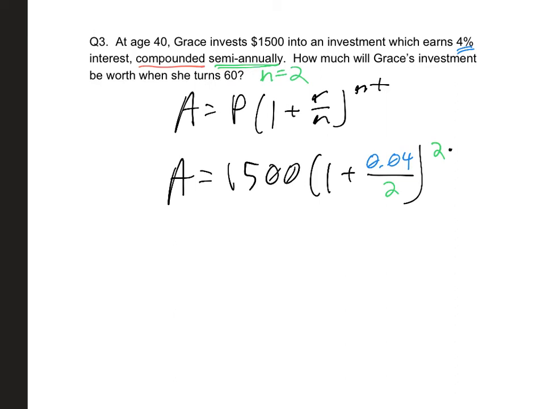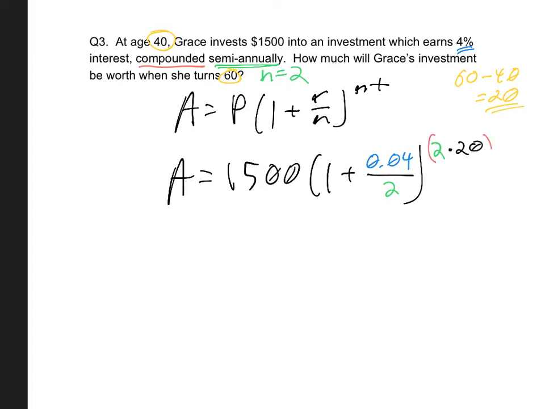And T is the time in years that this is compounded for. Well, it starts when Grace is 40, and it ends when Grace is 60. So the difference between those two is 20. That tells us that's the number of years that this investment is going to be compounded for.